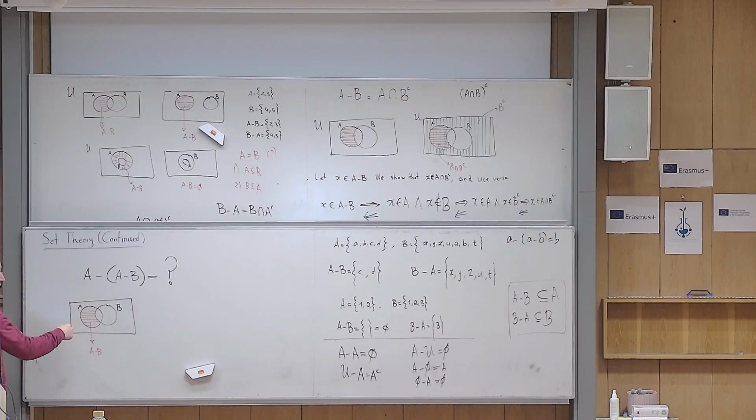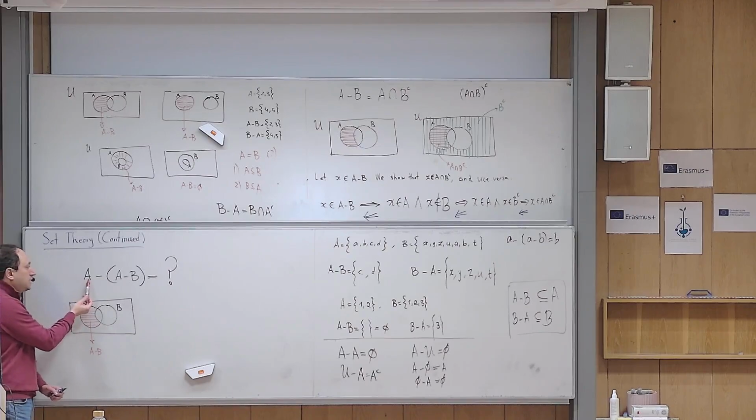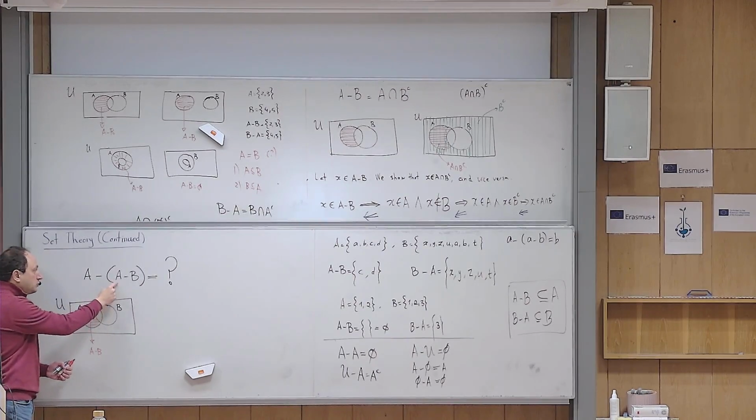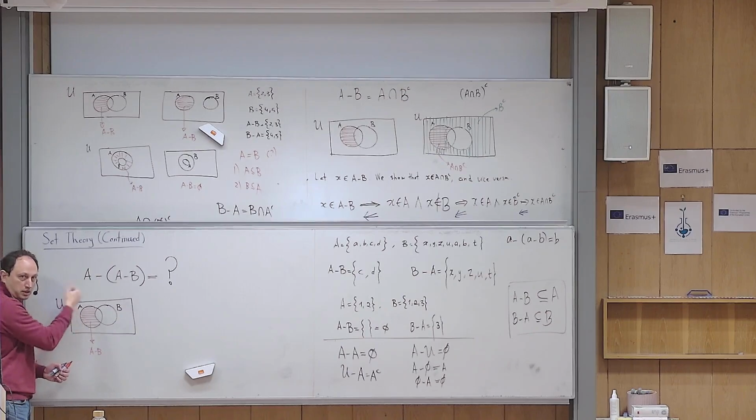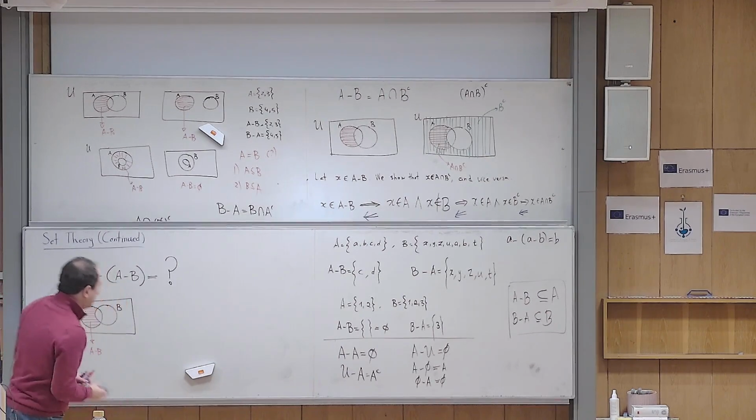Now let us review it again. When I want to highlight the whole combination, I need to look for all those points within the universal set so that those points are within the circle representing A, but not within the colored region. Do you agree? This is the meaning of A minus B. So what is that part left?